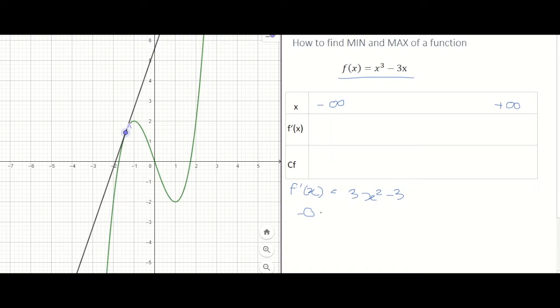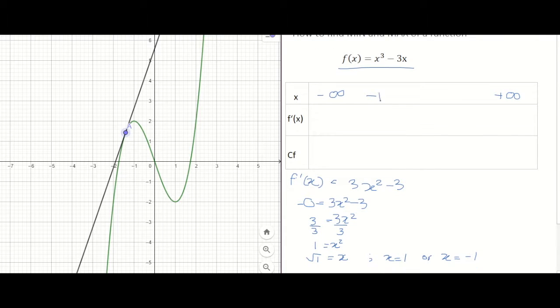So then we can find our values for x. And now I'm going to fill it in here. So we have at x equals minus 1 and x equals 1, your f prime of x is going to be 0.